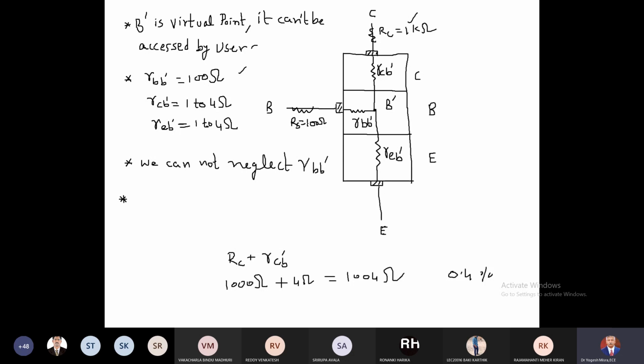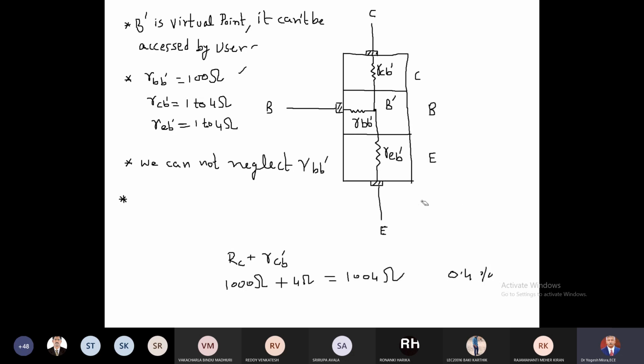So there is a variation of 100%. You cannot neglect that 100% variation of the resistance, right? That's why we cannot neglect R_BB', but we can neglect R_CB' because when R_CB' comes in series with RC resistor, there is only a small variation.